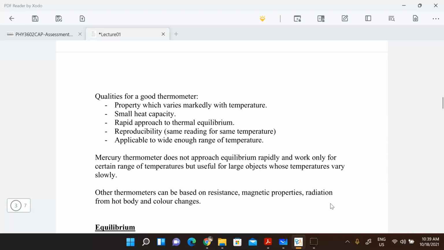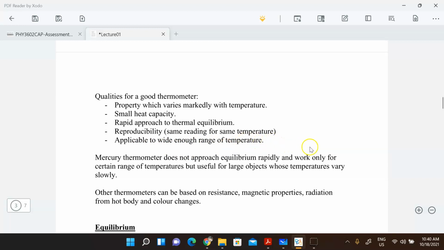Then it has to have a small heat capacity, so you have to understand what heat capacity is. We will treat this much later. Then a rapid approach to thermal equilibrium. So in other words, the thermometer has to quickly be in equilibrium with the system whose temperature it is trying to measure. Then it has to reproduce well: if you have the same temperature, it should give you the same reading. And of course, if possible, it should be applicable to a wide enough range of temperatures.